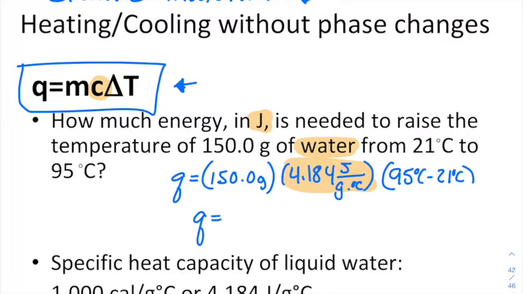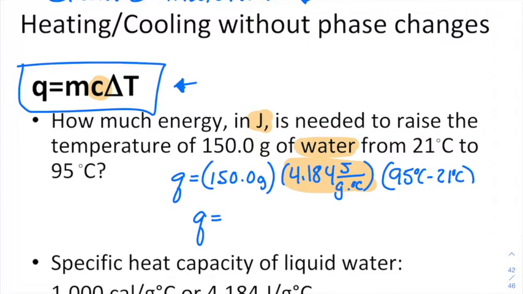All right, go ahead and take a minute and calculate Q. Let me grab my calculator. And let's see.